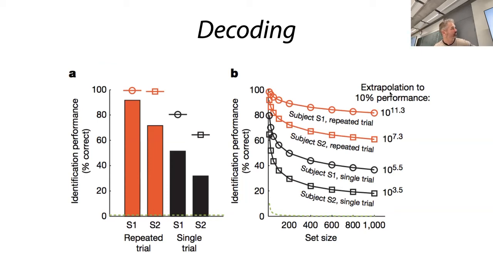If you're okay with 10% performance, you would be able to encompass a set of 10 to the 11th images, right? So you're really starting to get a grasp of image space by virtue of what you know this brain region is doing, if that makes any sense to you.